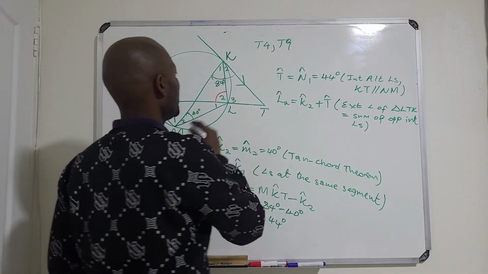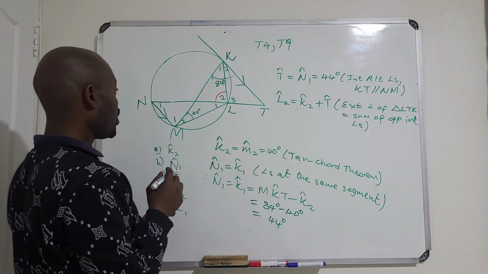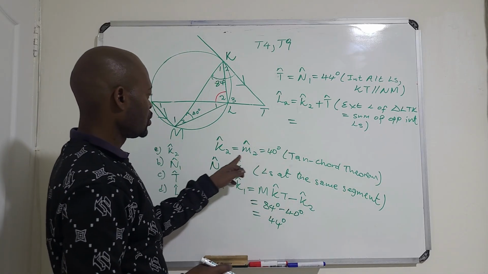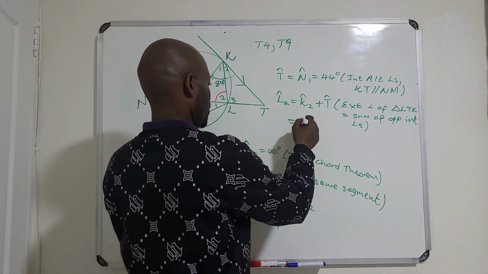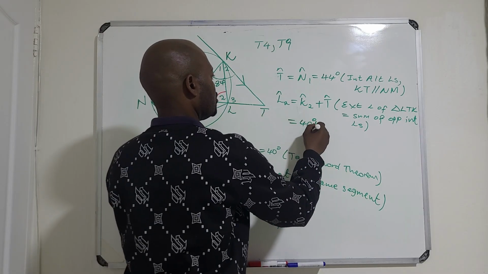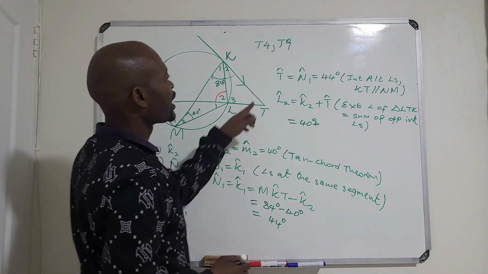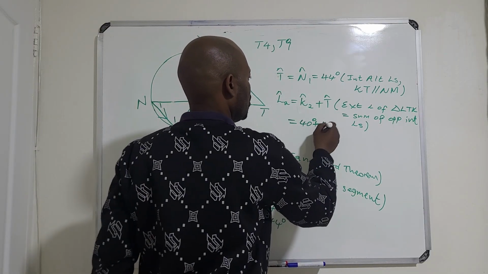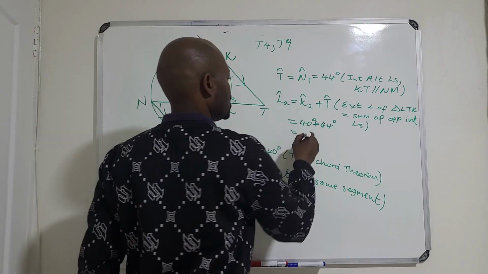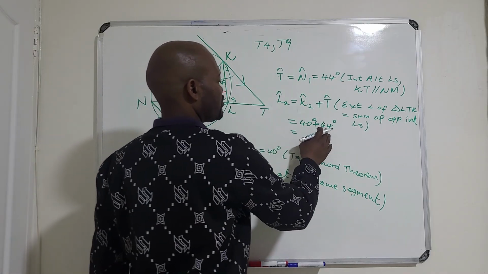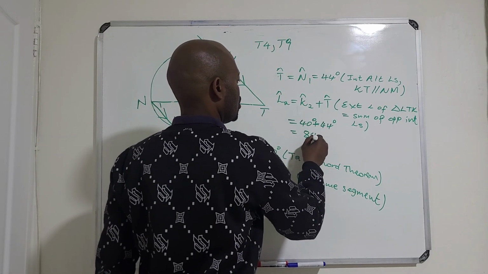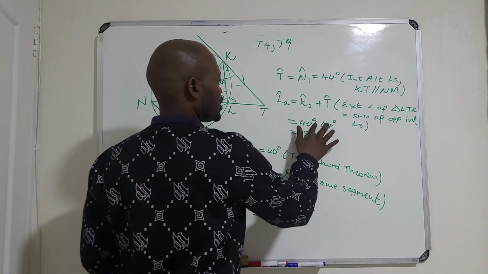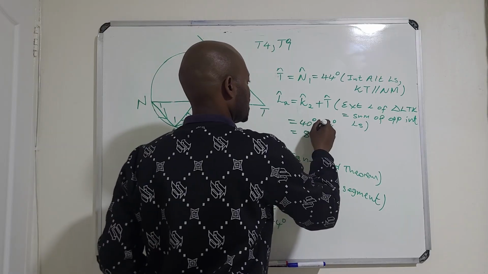Now, we know K2 is 40 degrees, plus we've just got our angle T, which is equal to N1, which is 44 degrees. So we have 40 plus 44, which is 84 degrees.